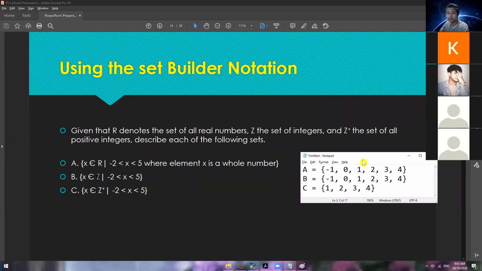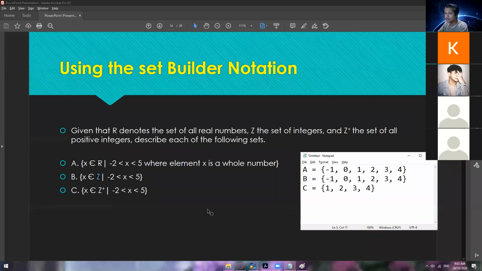Pero sa iba kasi, tatlo yung rule. We have a negative and then the neither positive nor negative, which is the origin, and then the positive side. So anong gusto nyo? Isasama natin yung 0 sa positive integer or hindi na?